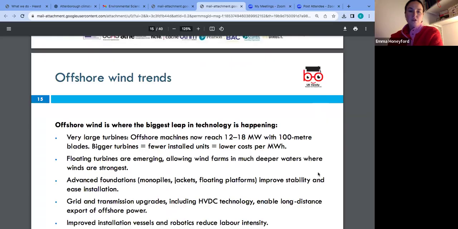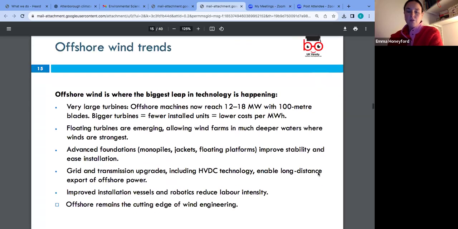So offshore wind trends. So offshore wind is where the biggest leap in technology is happening. So there's been a lot of change in terms of the technology here. So we found that over the past few years that very large turbines have now come into play.